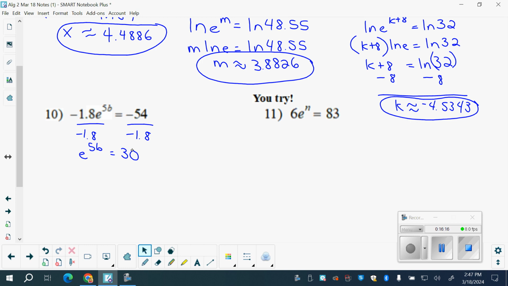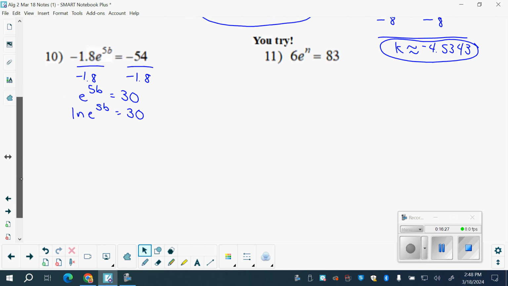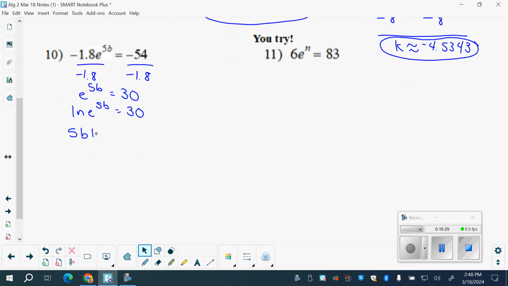The natural log or the log? Good, good. It saves us a step. So then we move our 5b to the front. And then we divide by 5.